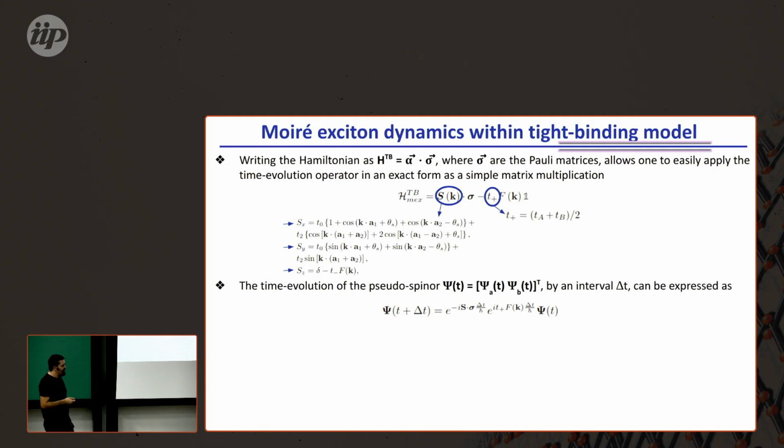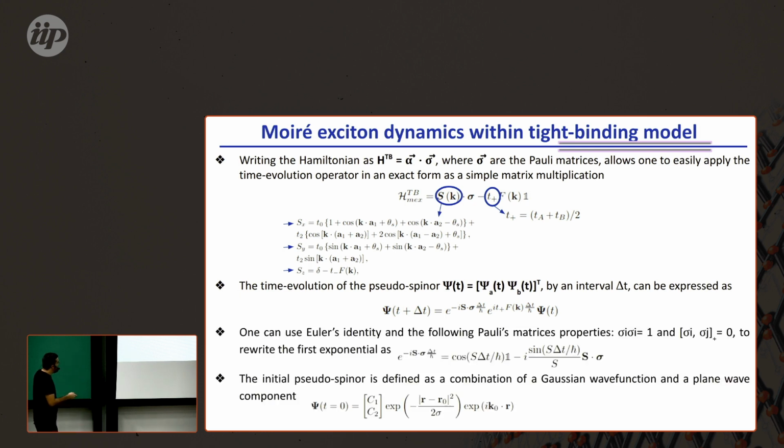And our pseudo-spinor in time can be written as a multiplication of these two exponentials. See that this part commutes with this part, which is why you can split it, okay? So there is no approximation here, since these two parts commute, and I need to set the initial wave packet, which I set as a circularly symmetric Gaussian wave packet.